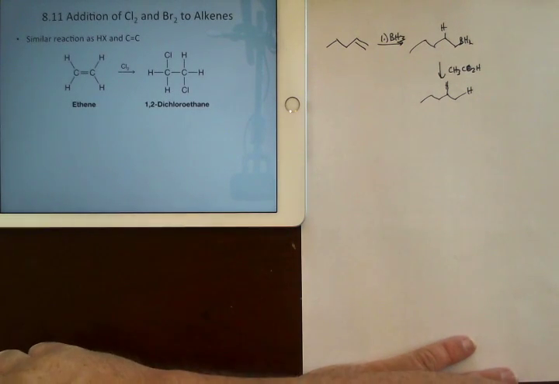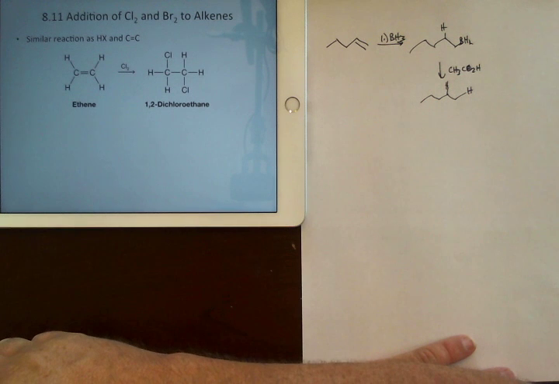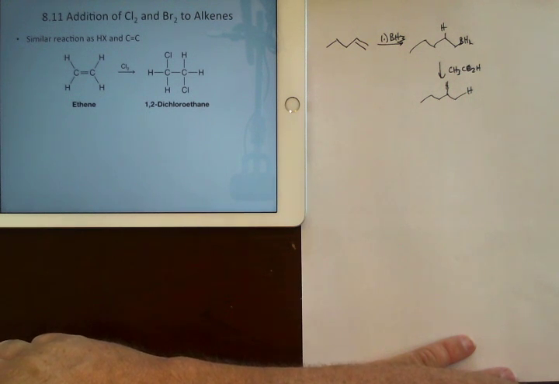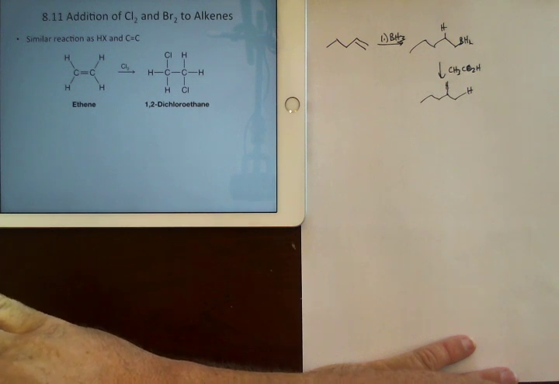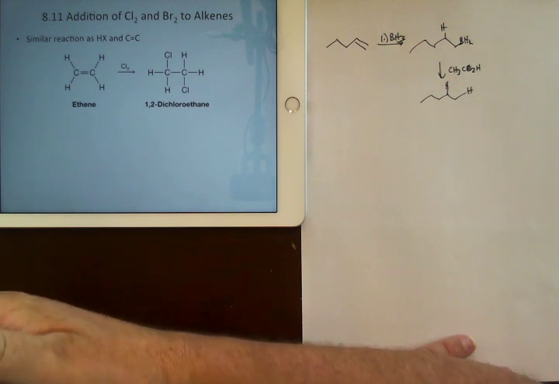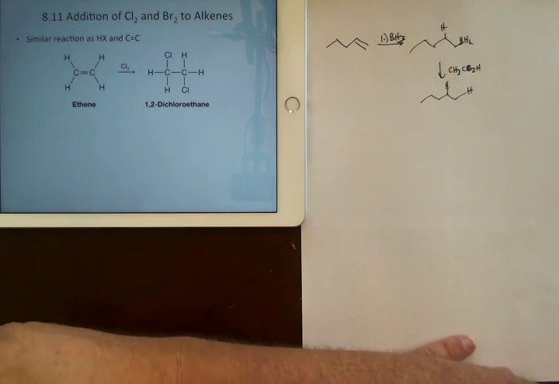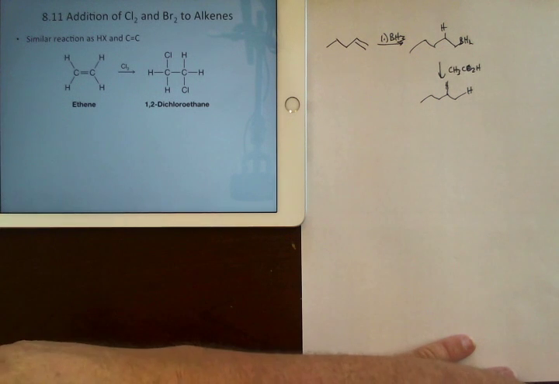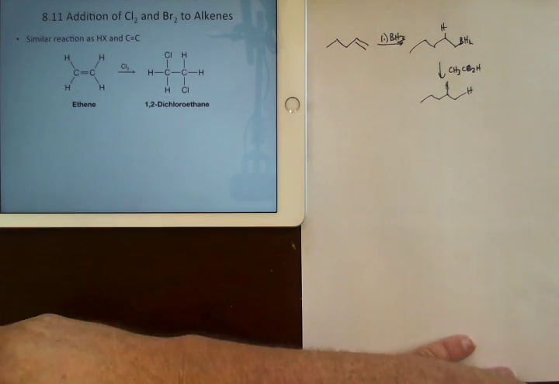Adding chlorine and bromine to the alkenes works very similarly to adding HX across the alkene. Now, fluorine and iodine have to go through slightly different ways. F2 will actually react explosively with alkenes, so you have to be careful with that.